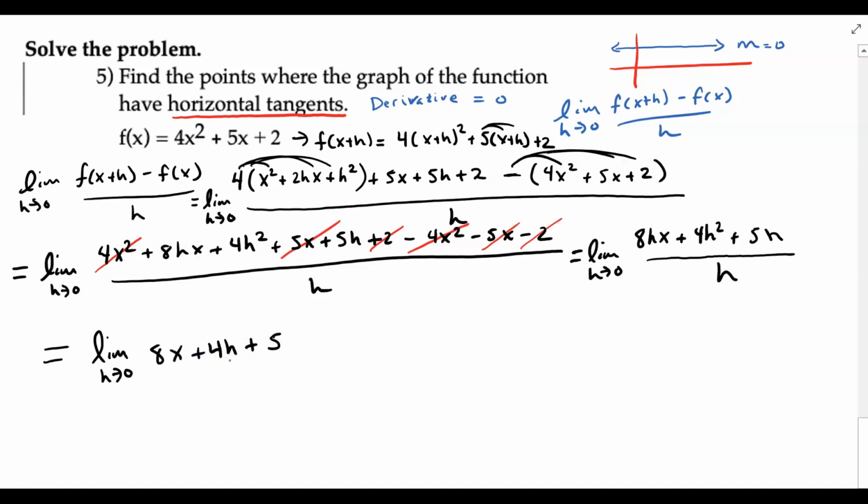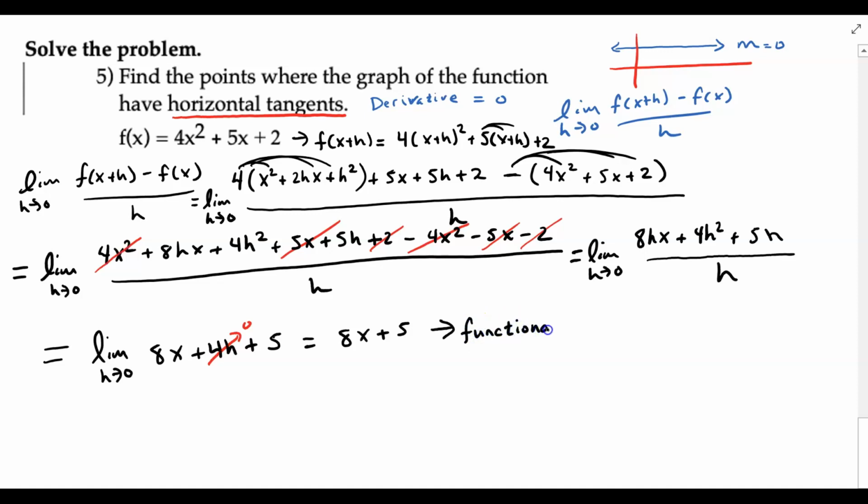Since h is approaching 0, we are left with 8x plus 5. This is actually really cool, because this right here is the functional derivative.